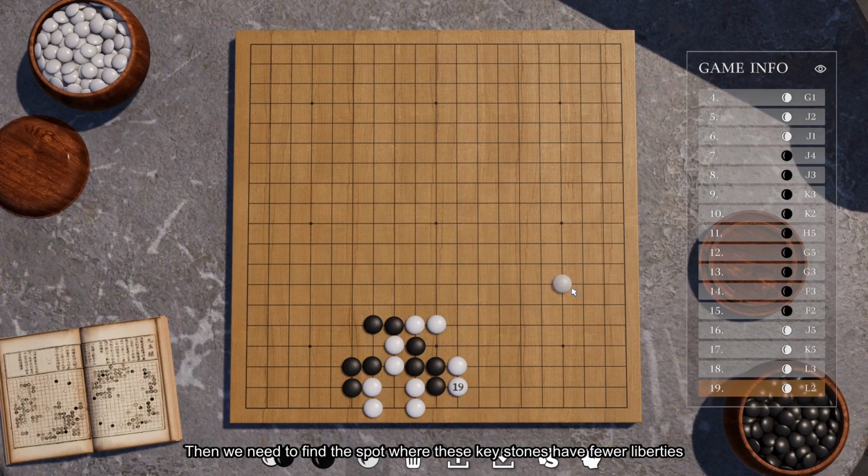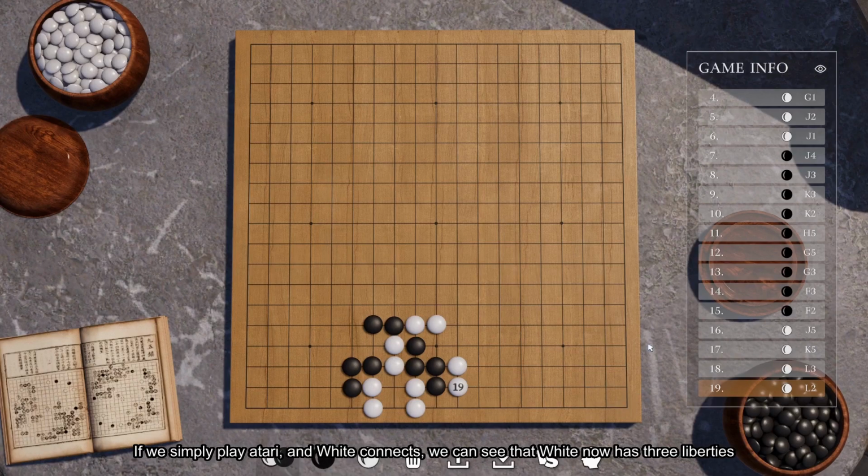Then we need to find a spot where these keystones have fewer liberties. We see that these 2 stones have 3 liberties, while these 2 only have 2 liberties. So we should focus on taking away the liberties of these 2 keystones. So how should black play here?